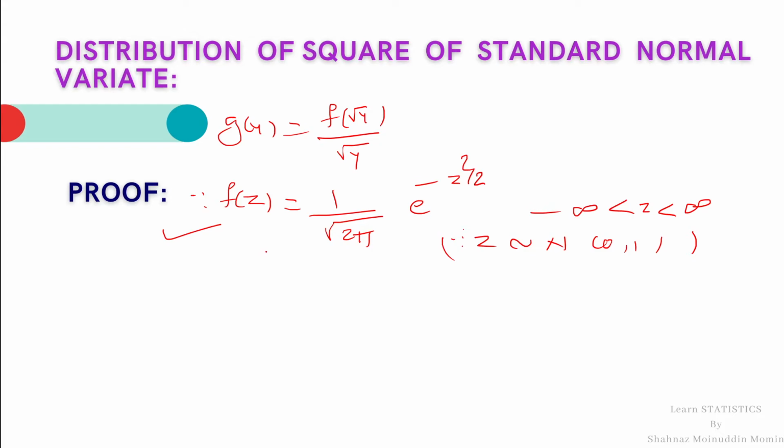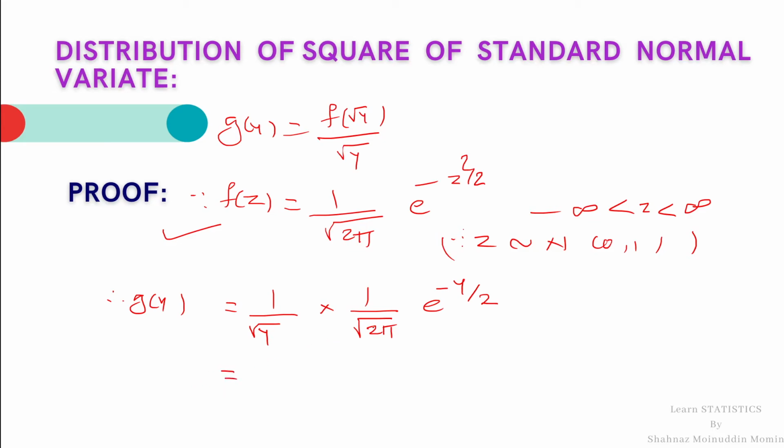By putting the value of root y in fz, we get PDF of y as gy is equal to 1 upon root y multiplied by 1 by root 2 pi e raised to minus y upon 2.